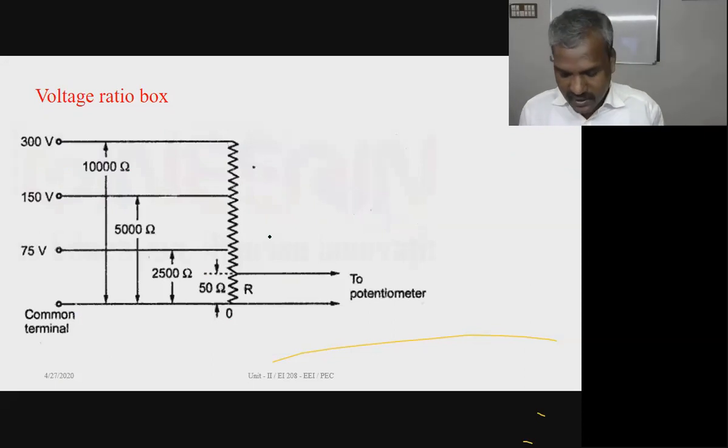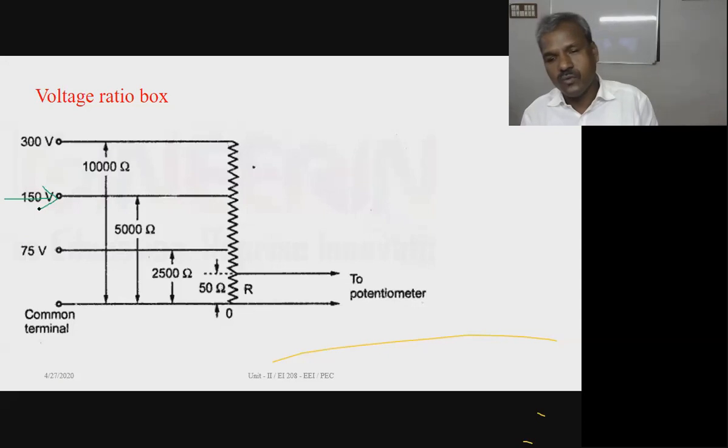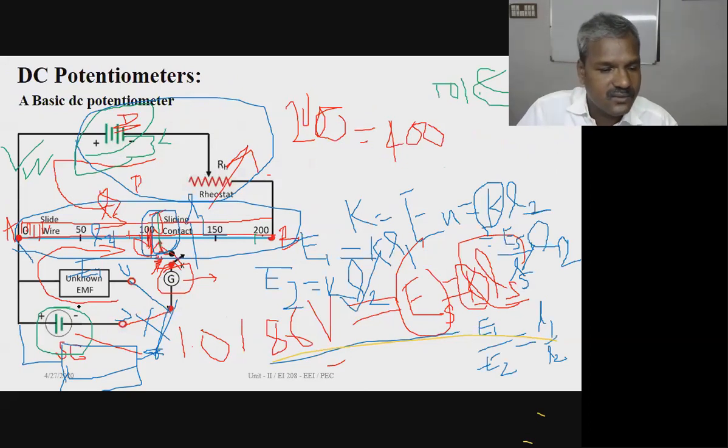Since we can measure only lower voltages using a potentiometer, what if you want to measure or calibrate very high voltages, say a 150 volt or 300 volt source? How do we measure it using a potentiometer? Very simple. In the secondary circuit, this position is positive and this is negative.